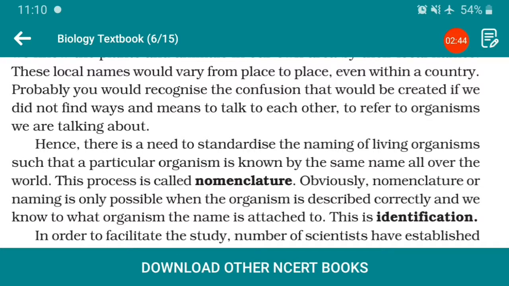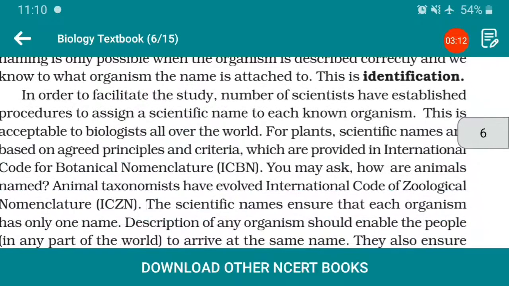Standard forms would be there for their nomenclature and identification. We have already studied the plant kingdom and animal kingdom, how we can give nomenclature, scientific names, species, genus, then identification of their classes.